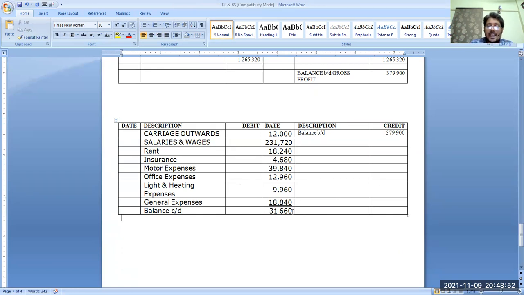Now what happens to the net profit? This net profit balance carried down is going to be transferred to the capital account in a sole proprietorship, to the current account of a partnership in the appropriation form, and to the retained earnings account of a joint stock company.